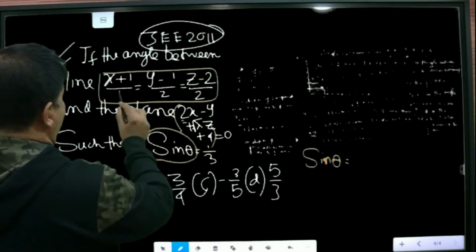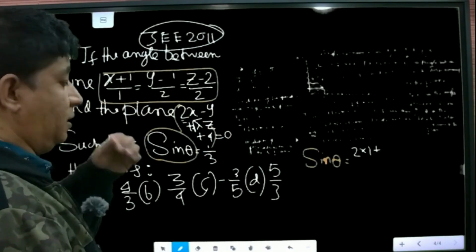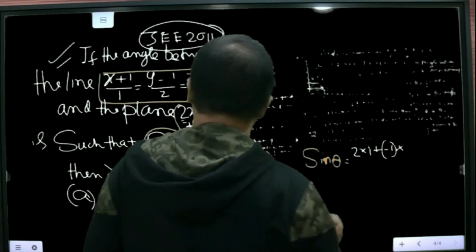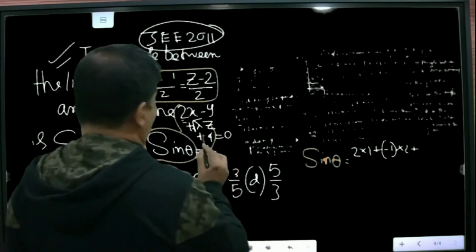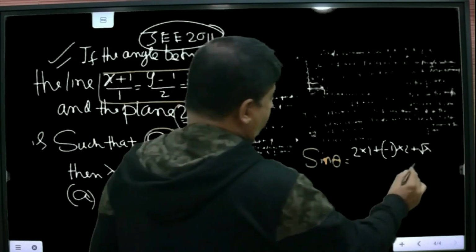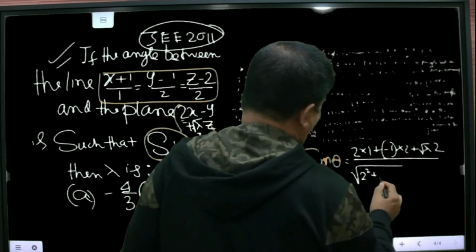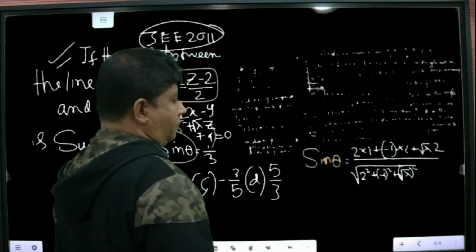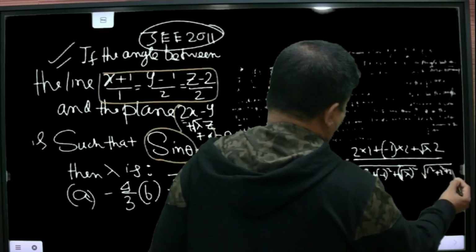A is 2, L is 1, plus B into M, B is minus 1, plus C into N, root lambda into 2, by root over of 2 square plus minus 1 whole square plus root lambda whole square into root over of 1 square, 2 square, 2 square.